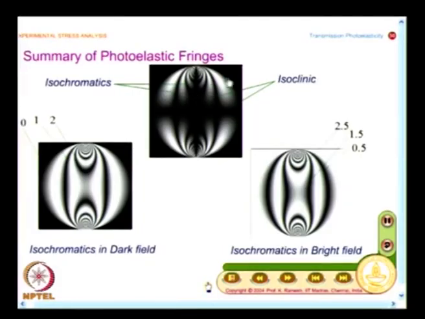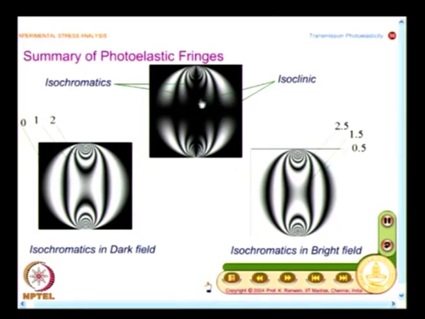So, what I have here is, I see in a plane polariscope, I have background as dark, I have isoclinic as well as isochromatics, and if you look at the dark field of a circular polariscope, the fringes of isochromatics are the same, only the isoclinics are different.